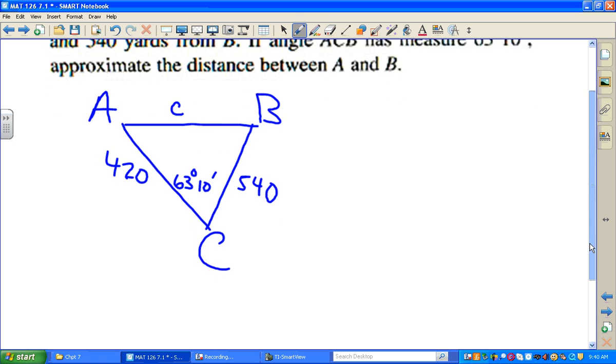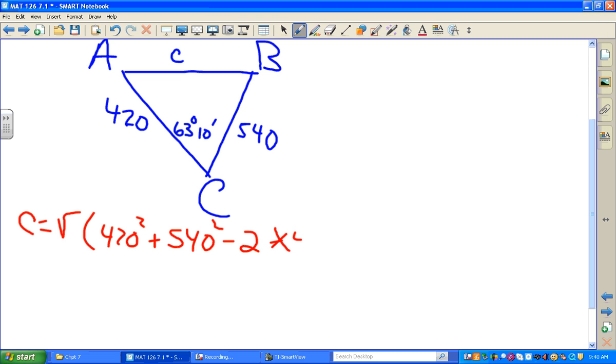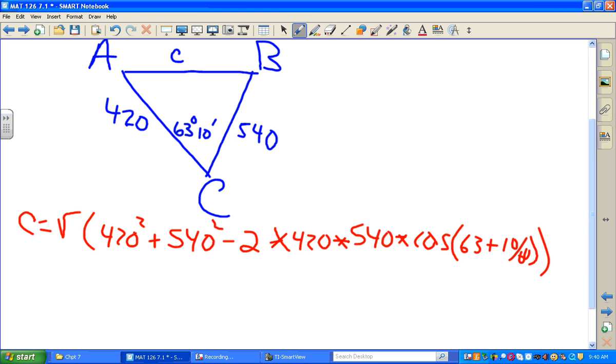This is how I would type it in: C equals the square root, parentheses, 420 squared plus 540 squared minus 2 times 420 times 540 times the cosine, parentheses, 63 plus 10 over 60. There we go.